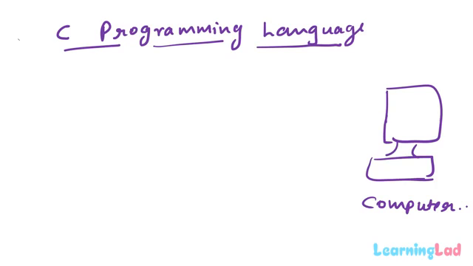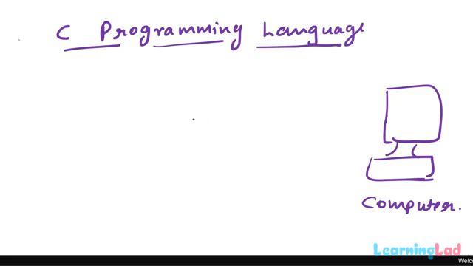Now, all of you know that the computer is a general purpose machine that can perform many computational tasks. But the thing is, these computers really can't do anything on their own. So to get something done by using a computer, we have to give instructions to it.